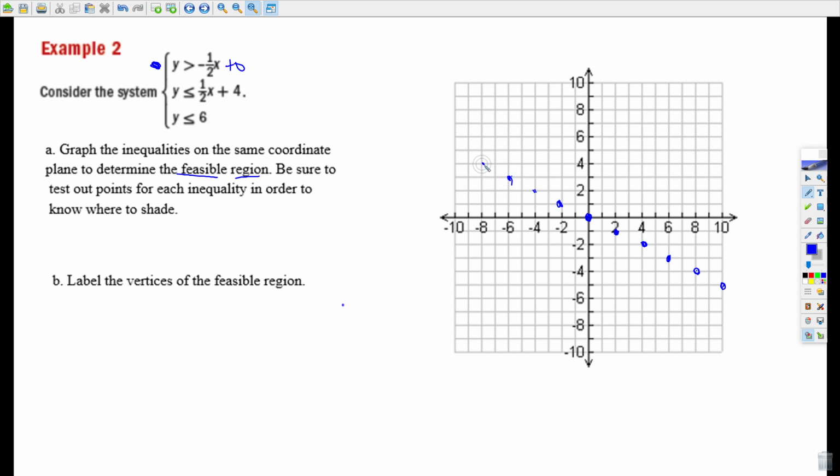So these need to be very good lines as best as possible. Since it's just the greater than, we don't have an equal sign. This is going to be a dashed line. So I just throw some dashes where the dots are. There we go. So here's our first one. y is greater than negative 1/2 x.